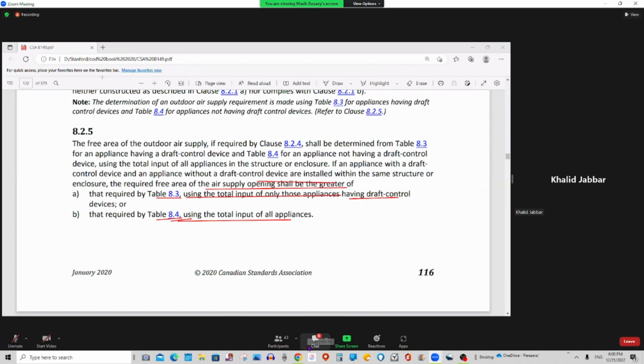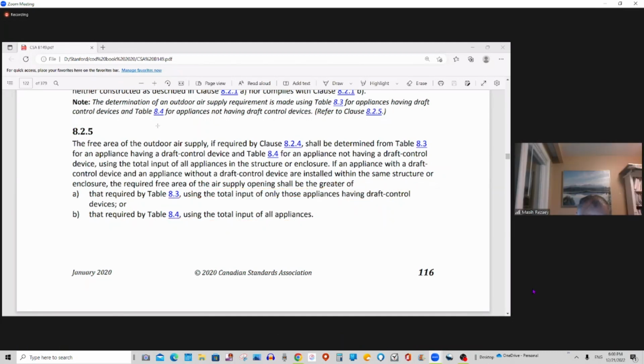Okay, sure. This clause number is the same as clause number 8.2.2. If we have a combination of draft control and without draft control appliances installed in a loose house, how can we calculate the opening for combustion air? First, we add those appliances which have a draft control, the natural draft ones.